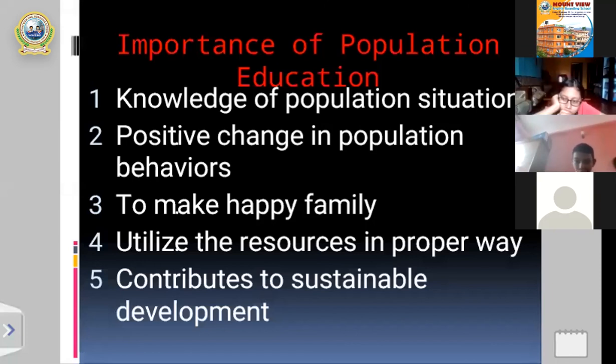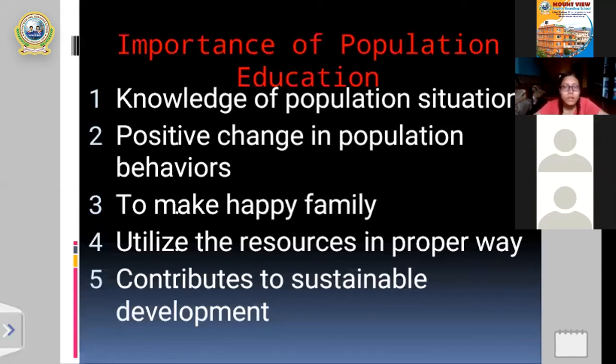For long-term development and long-term achievement as well, population education is very essential, in the sense that it helps to manage the population growth rate. And my dear students, as we all know, population growth is one of the major problems of Nepal. Not only Nepal, it is the problem of different developing countries. Nepal is also one of the developing countries, so population growth rate is one of the major challenges.